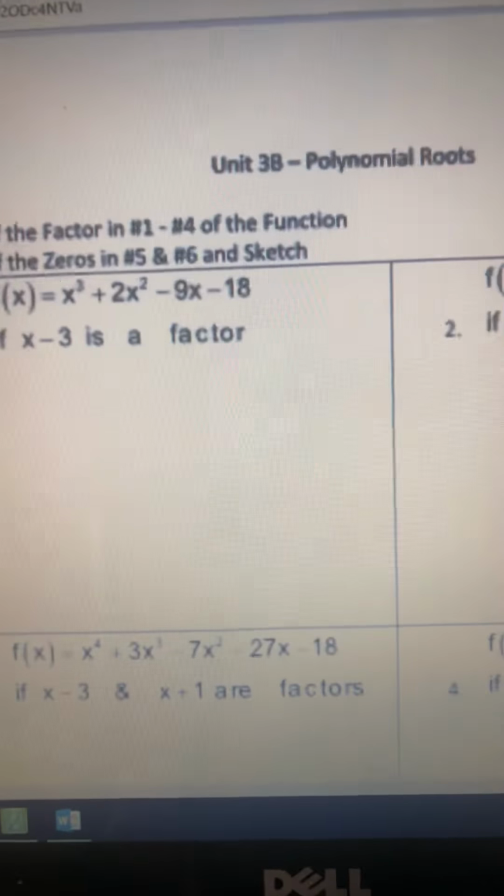So we already know that x minus 3 is a factor. What I've done is I've put this on a piece of paper. We're going to utilize synthetic division. We know it's going to work because they've already told us that is a factor.